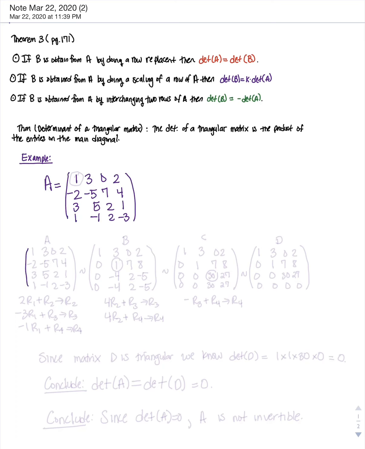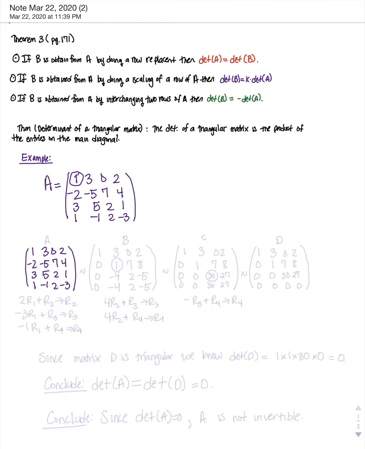Because we have a pivot at the 1, we want to have zeros underneath that 1, only using row replacements.